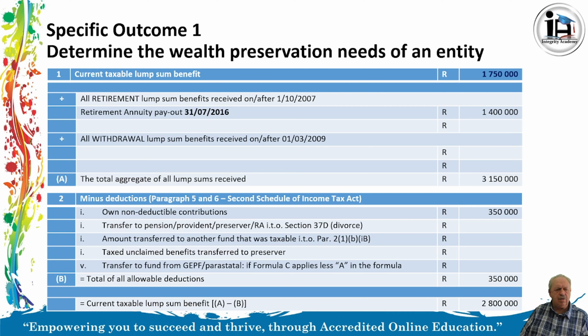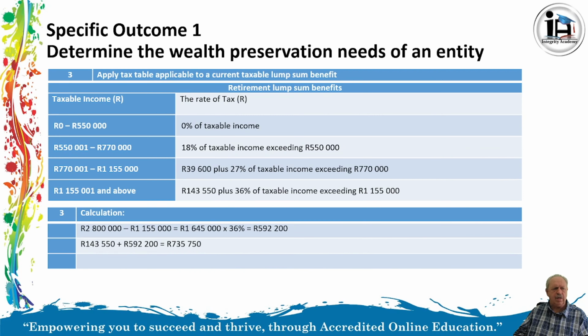Right, so the total there is 350,000 that we deduct from the 3.150 million, and that leaves us with 2.8 million that we need to take into consideration for the tax calculation. Right, so on the next slide, we provide you with the rate table for the retirement amount.